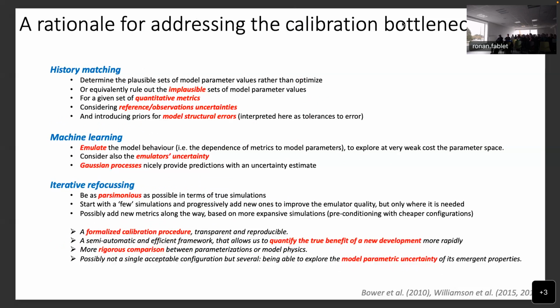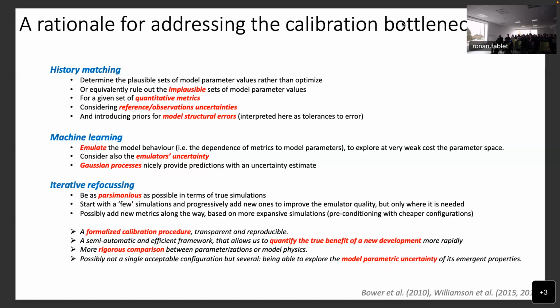The first one is to use what we call history matching, which means that we don't want to optimize the system because we want to avoid the overfitting issue, and we want to consider the various uncertainties that we have during the process of calibration. But we want to determine the plausible sets of model parameters given a set of quantitative metrics. Or to say it another way, we want to rule out the implausible sets of model parameter values.